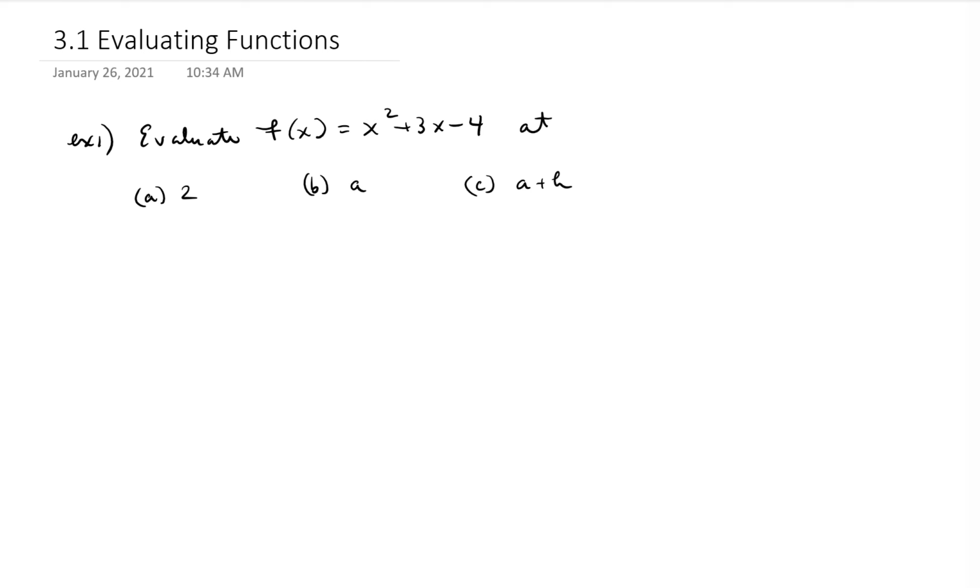So maybe to understand what's going on, I like to view functions in two different ways that may help you to understand how we're going to evaluate that function. So you can think of x here as your input, right?